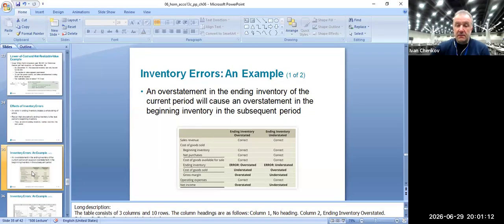Inventory errors. Now, if we make errors in the inventory, sometimes those errors correct themselves. For example, in our inventory count, we didn't count 5 bottles of bleach that we have in our warehouse.